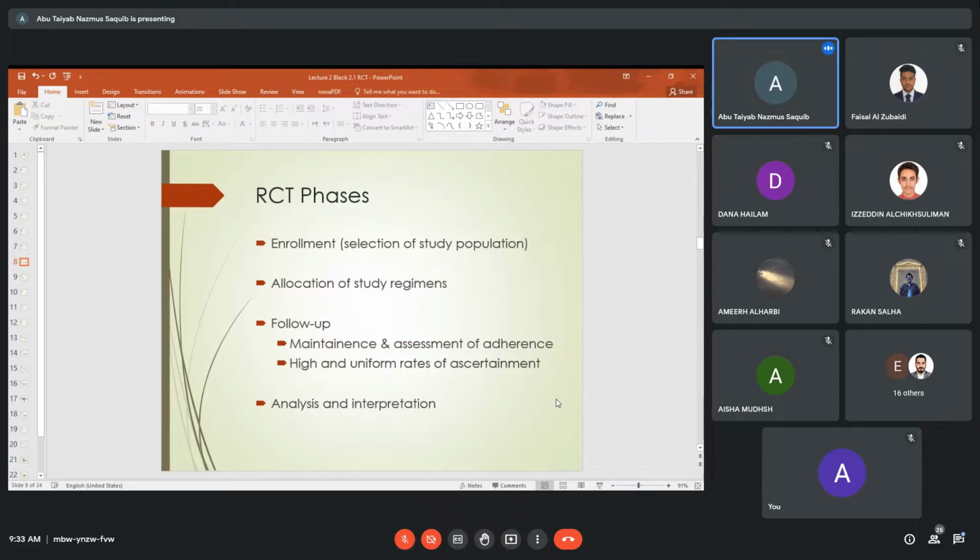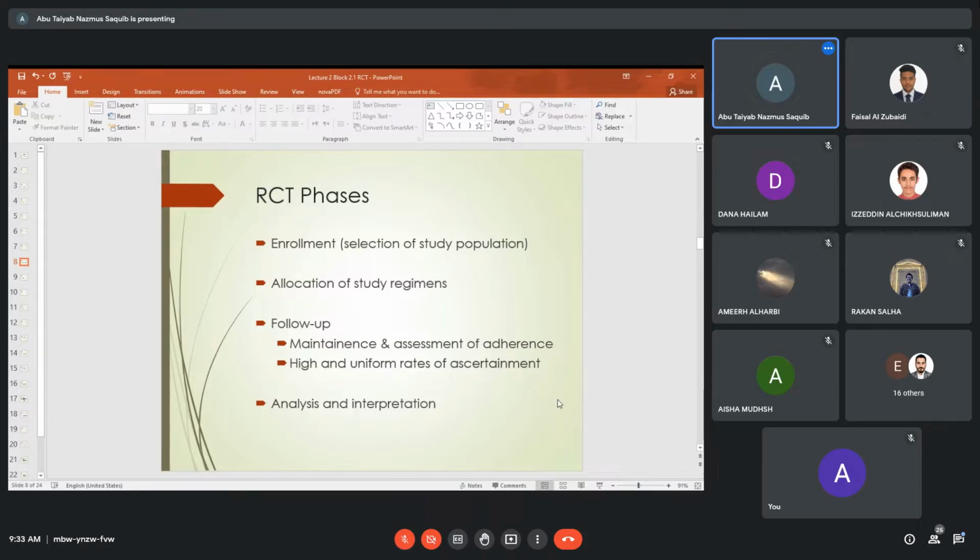If the intervention group receives a drug, you have to make sure that they are taking the drug. At the same time, in the control group, you have to make sure that they are not taking that drug. So the control group should not take the intervention, and the intervention group should take the intervention. So you have to assess adherence in both groups.